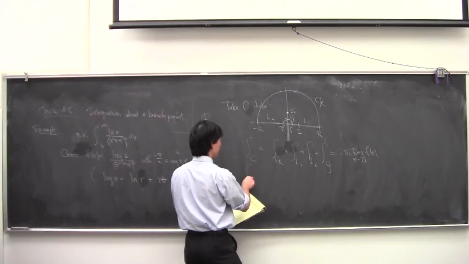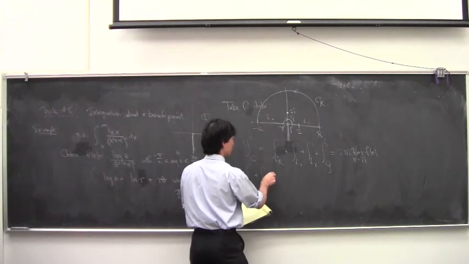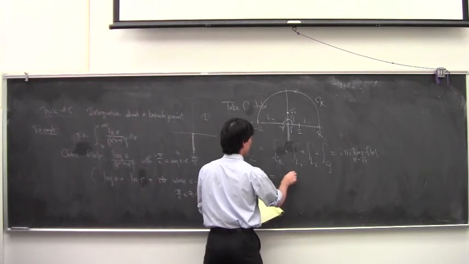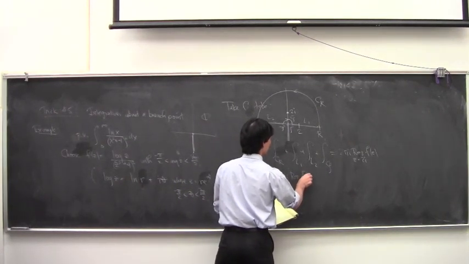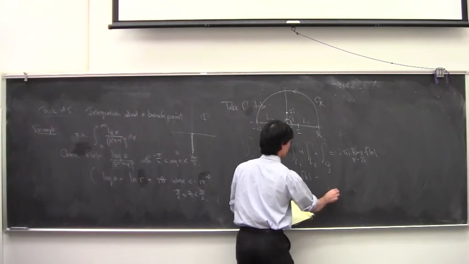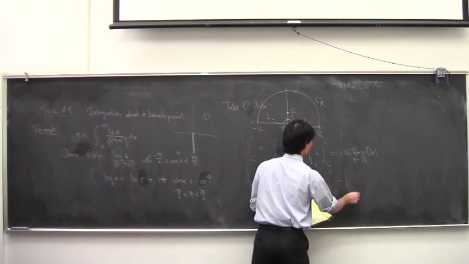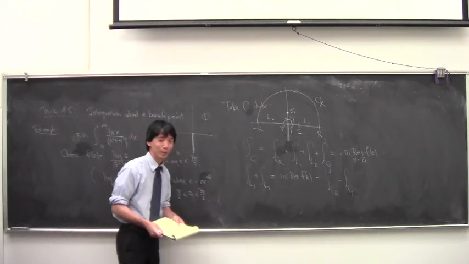So the integral over L1 plus L2 is 2 pi i times this residue minus the integral over C sub R minus the integral over C rho. Why didn't I write that the first time?